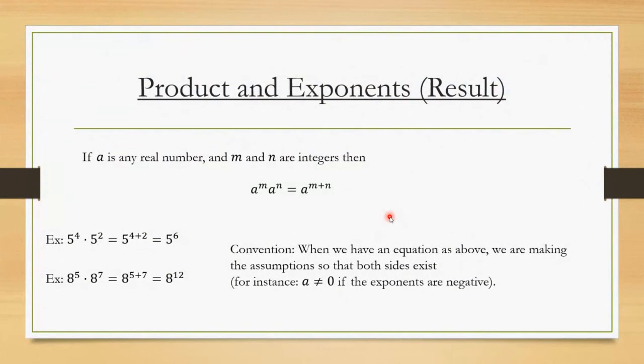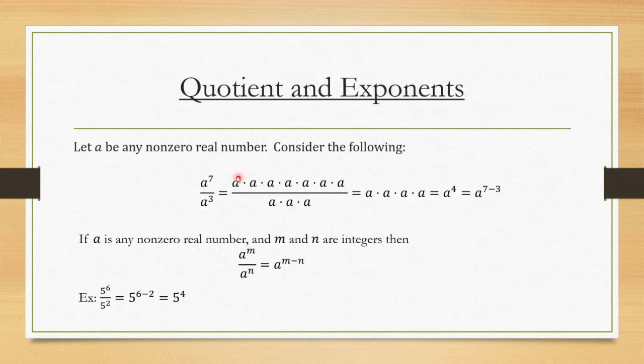All right. Well, that's for products. Okay, what about quotients? Well, here we need a to be non-zero because we're dividing. So for instance, if we have a to the 7 divided by a cubed, we have a times itself 7 times on top.